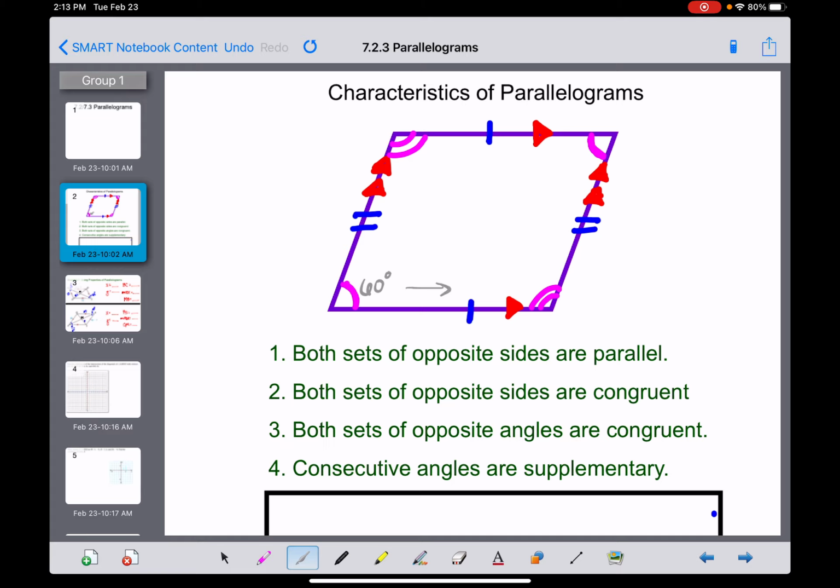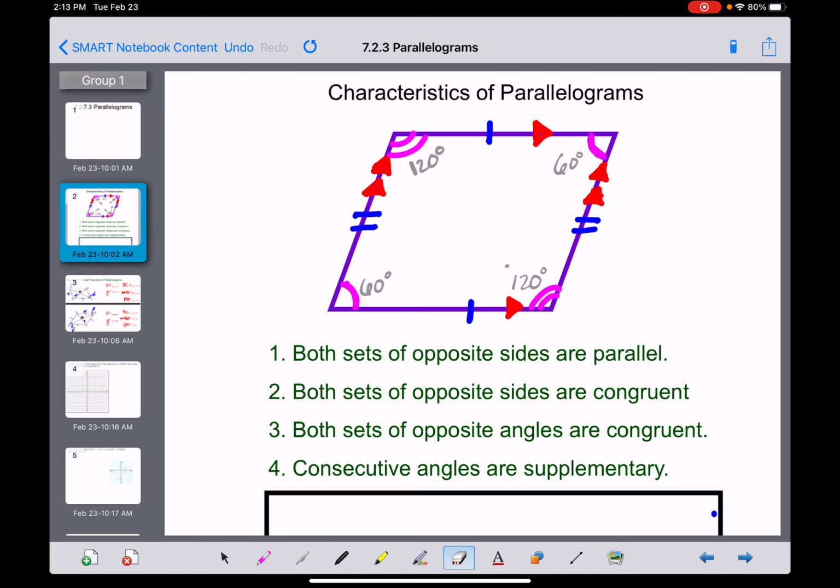So the angles to both sides of it need to add up to 180 degrees. 60 plus 120 is 180, so this angle is 120. Since it's supplementary to the angle beside it, that's going to make this 60, and it's supplementary again, so that's going to be 120. Notice that opposite angles are congruent to each other as well.